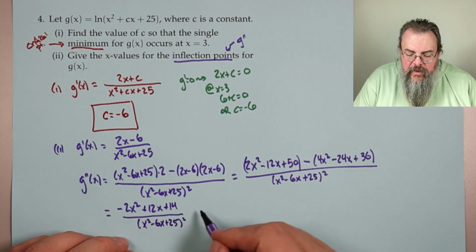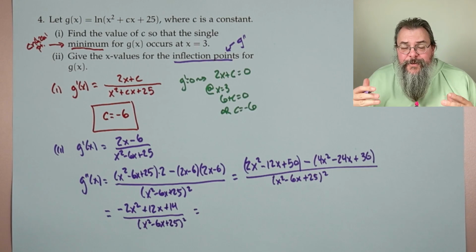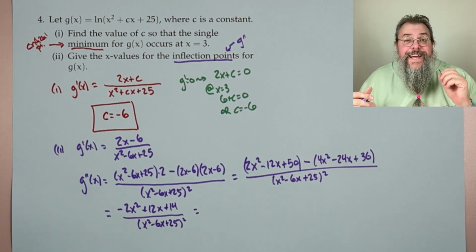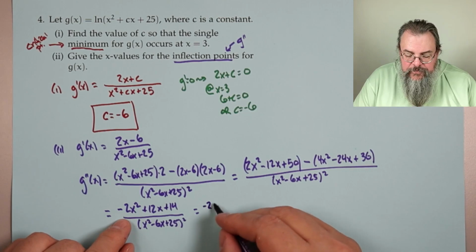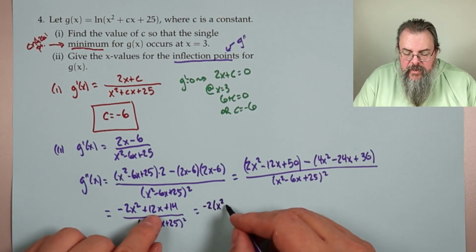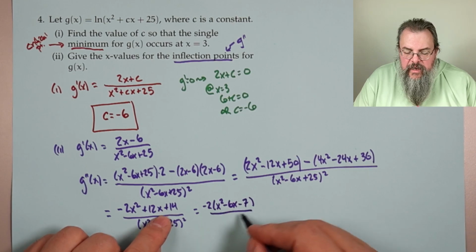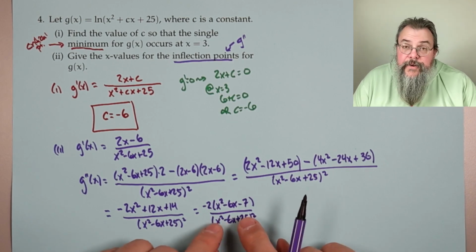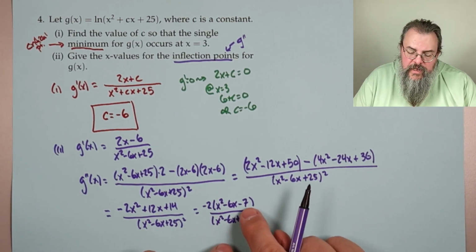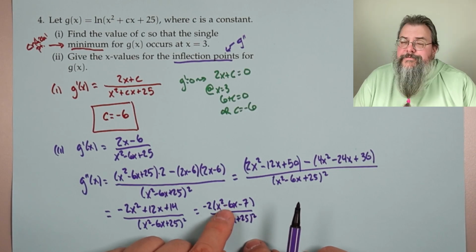Okay, well, let's pull out a negative 2. I always like what's in front of the x squared to be positive, and ideally a 1. So negative 2 times x squared minus 6x minus 7. Now the moment of truth. Is there a way to factor this? We would need two numbers that multiply to negative 7 but add to negative 6.